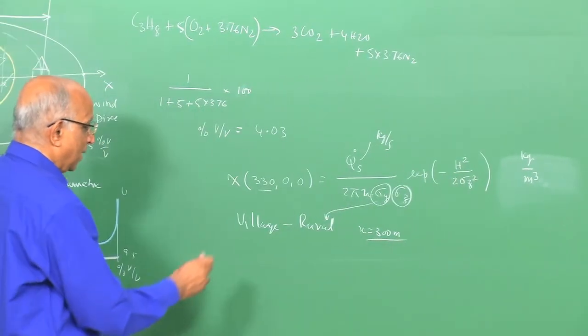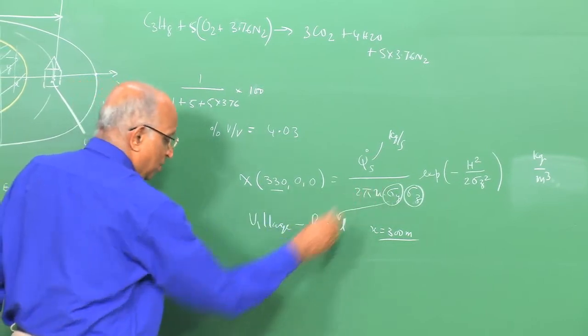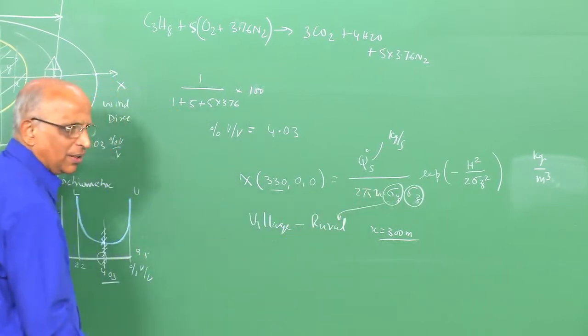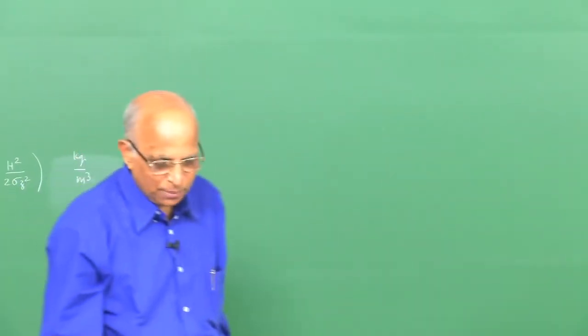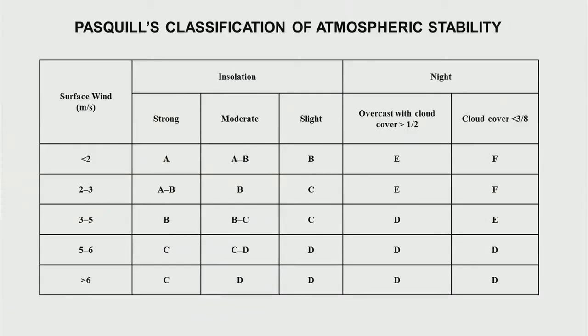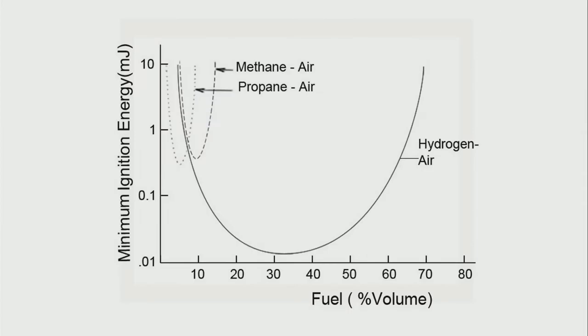Therefore, we have to look at the rural dispersion coefficients, and let's take a look at the dispersion coefficients and get the values of sigma y. Going further, these are the minimum ignition energies as a percentage of volume of fuel divided by the volume of the mixture. We find propane air has a very narrow range: the upper limit was 9.5, the lower limit was around 2.2, and the stoichiometric is around 4.